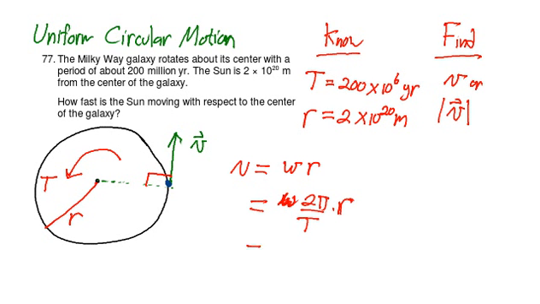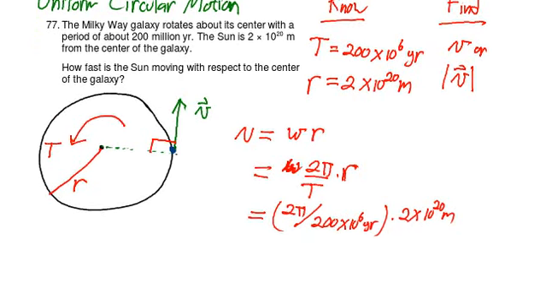So numerically, we're going to take the value 2 pi and we'll divide it by the period, 200 times 10 to the 6 years, and then that's going to get multiplied by the radius, which is 2 times 10 to the 20 meters.